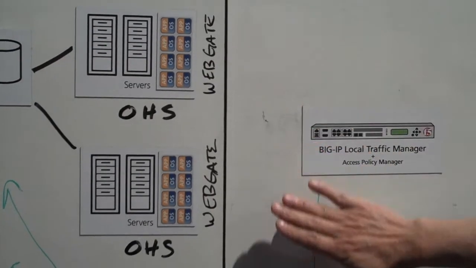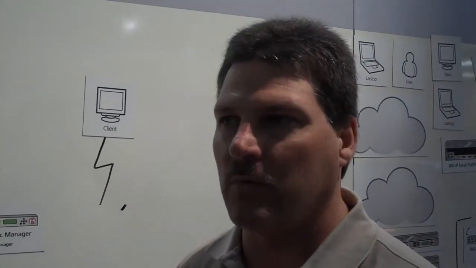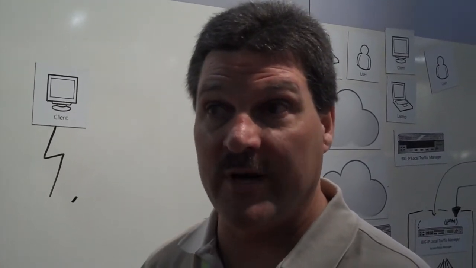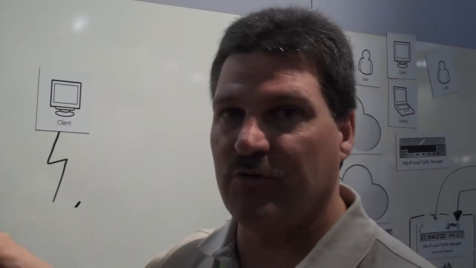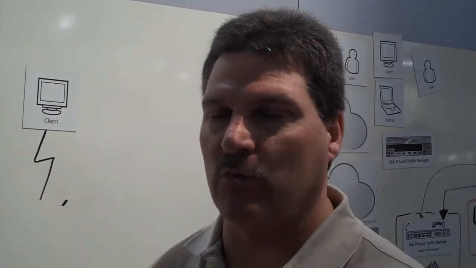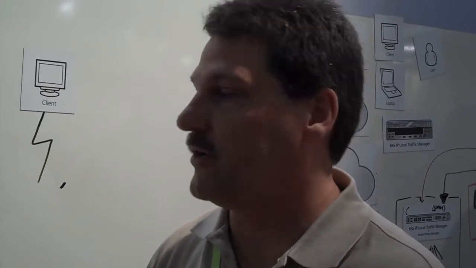So we've eliminated an entire tier of infrastructure, which saves on hardware, it saves on software, and it certainly saves on maintenance and operations cost. If you already have these proxy servers, you can now take them out and redeploy them for other projects or use them as another resource.